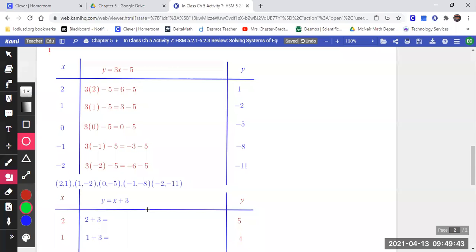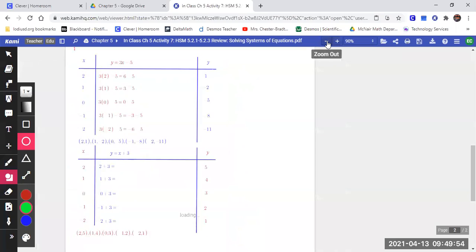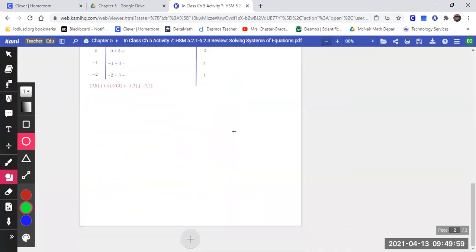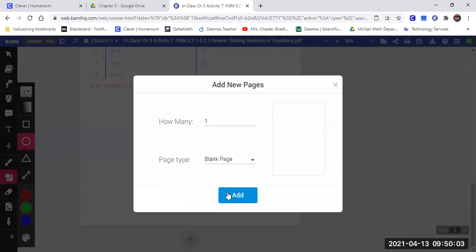Okay, so I'm going to go down on my page. I did the wrong thing. I'm going to go ahead and zoom out a second to see how much space I still have. And for me, I don't have much because I write big. So I'm going to just add another page for my page 2. Do you have to add another page?